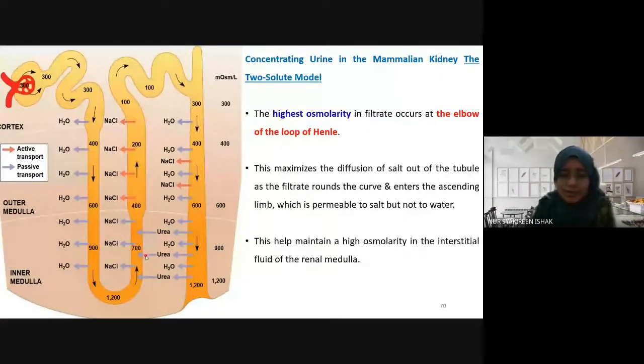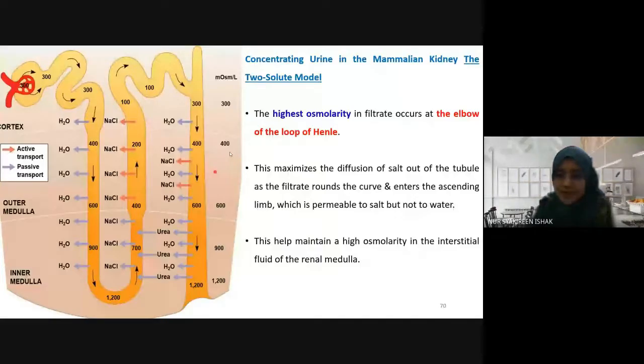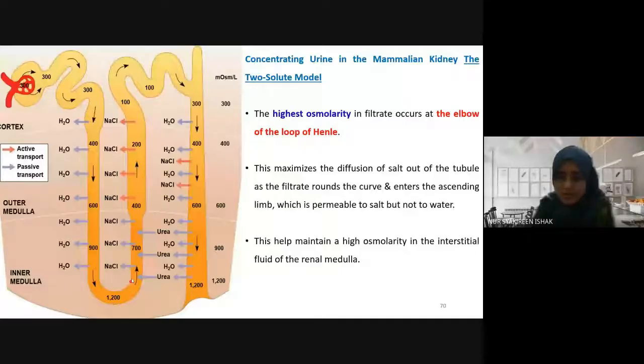So as the filtrate moves up, sodium chloride akan keluar melalui passive transport in the thin segment. Okay, sodium chloride diffuses out of the filtrate. So it says here, the highest osmolarity in the filtrate occurs at the elbow of the loop of Henle. This maximizes the diffusion of salt out of the tubule as the filtrate rounds the curve, kan, dia naik and enters into the ascending limb, which is permeable to salt but not to water.